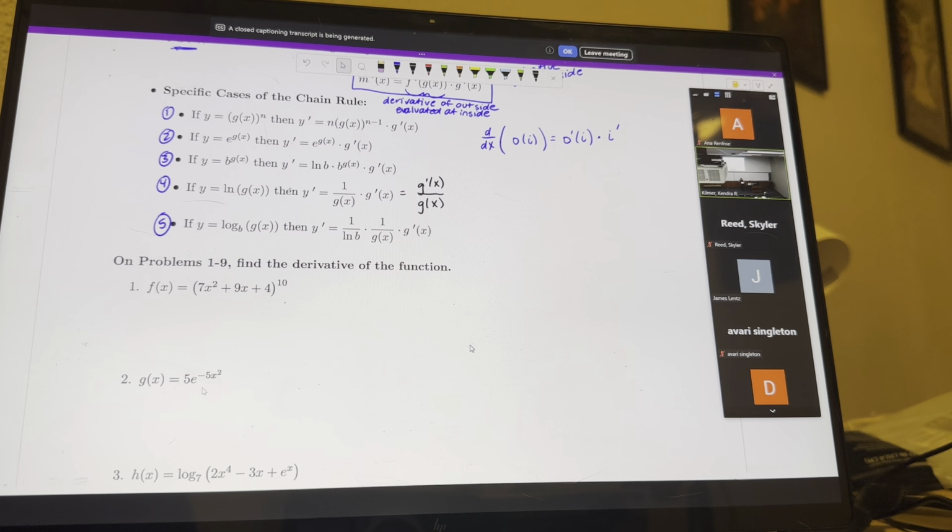These functions can be mixed in with all the functions that we talked about last week, and they can be mixed in with products and quotients, but being able to recognize that we need to use the chain rule is really one of the hardest things. So make certain that you're always verbalizing what it is we're dealing with. So if I look at this function right here, f of x, if I tried to put it in words, what am I dealing with?